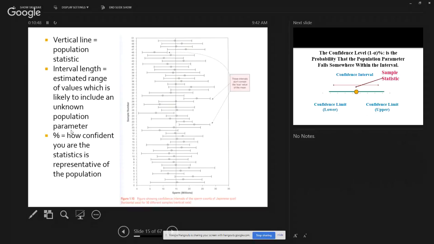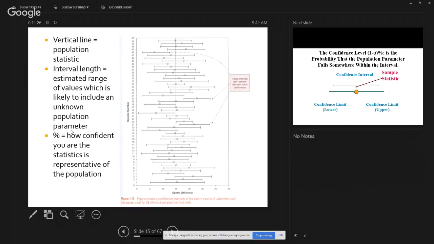The interval, which is the length of these whiskers, is the estimated range which is likely to include this unknown population mean that we're trying to figure out. And the percentage is how confident you are. I'll explain this in a moment, but we usually use 95% confidence intervals. We could make them 80%. We could make them 99. That's arbitrary, okay?